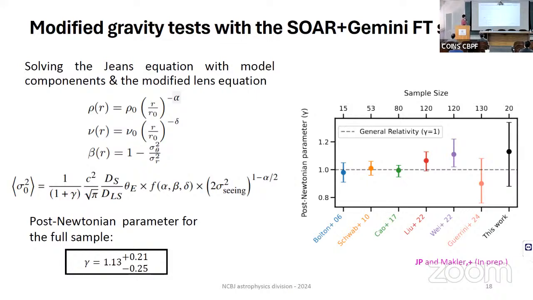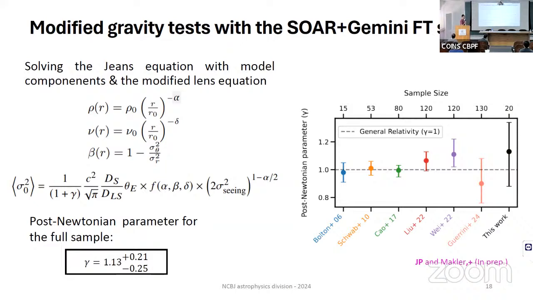So by comparing these two things, we set constraints on the post-Newtonian parameter, which results in here. And here on the right-hand side, we have a comparison between the slip parameter that we inferred on this data and other works in the literature. There are a lot of interesting aspects on this inference. I think the most important one is that this is one of the first constraints on this slip parameter from the ground.